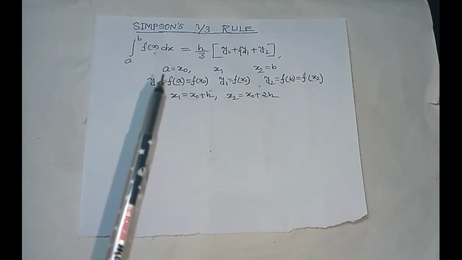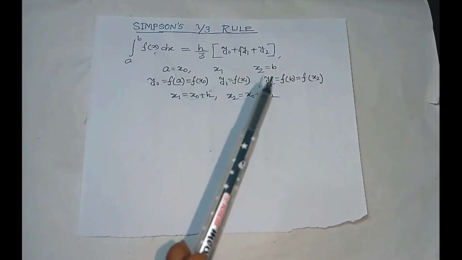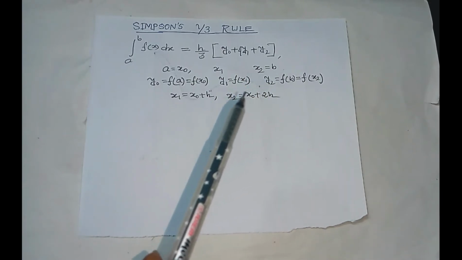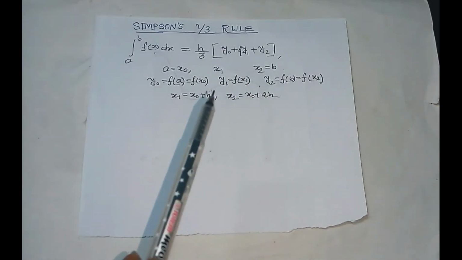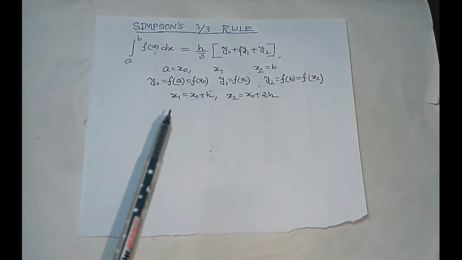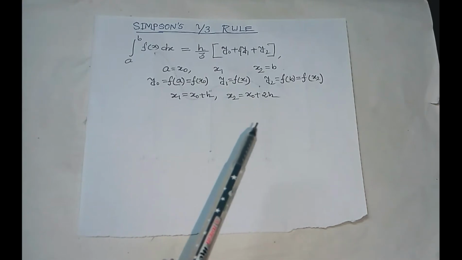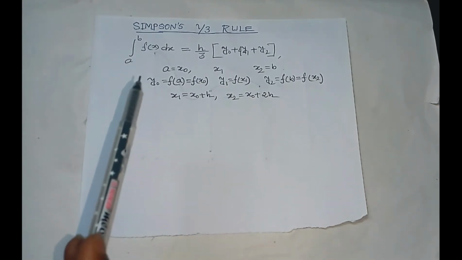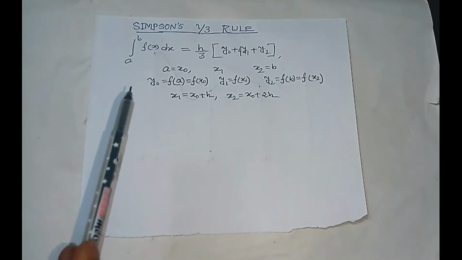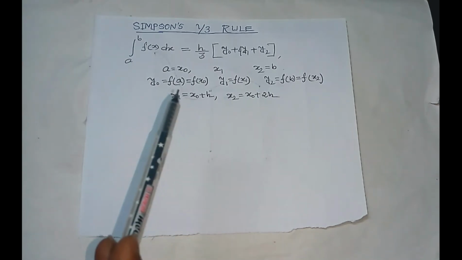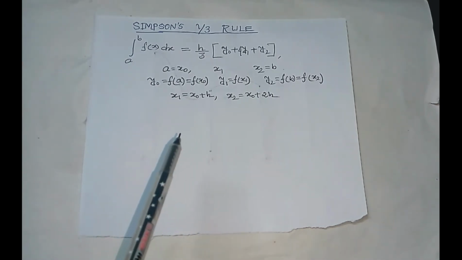Actually, we denote the point a by x0 and b by x2. Then we select x1 such that x1 equals x0 plus h and x2 equals x0 plus 2h. Actually, we break the interval AB into two equal subintervals by these 3 points x0, x1 and x2.